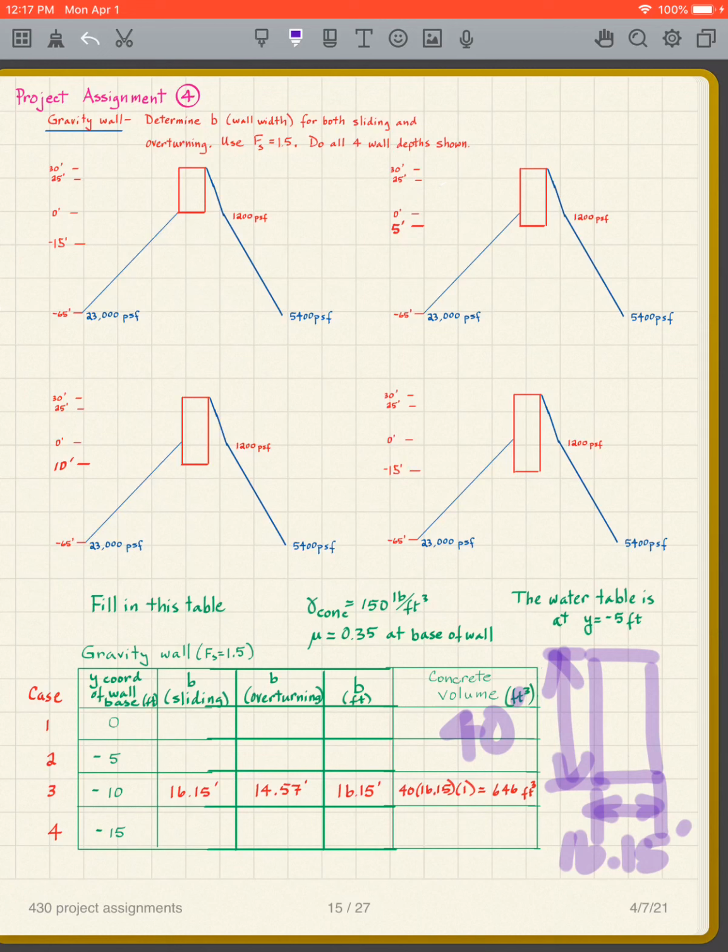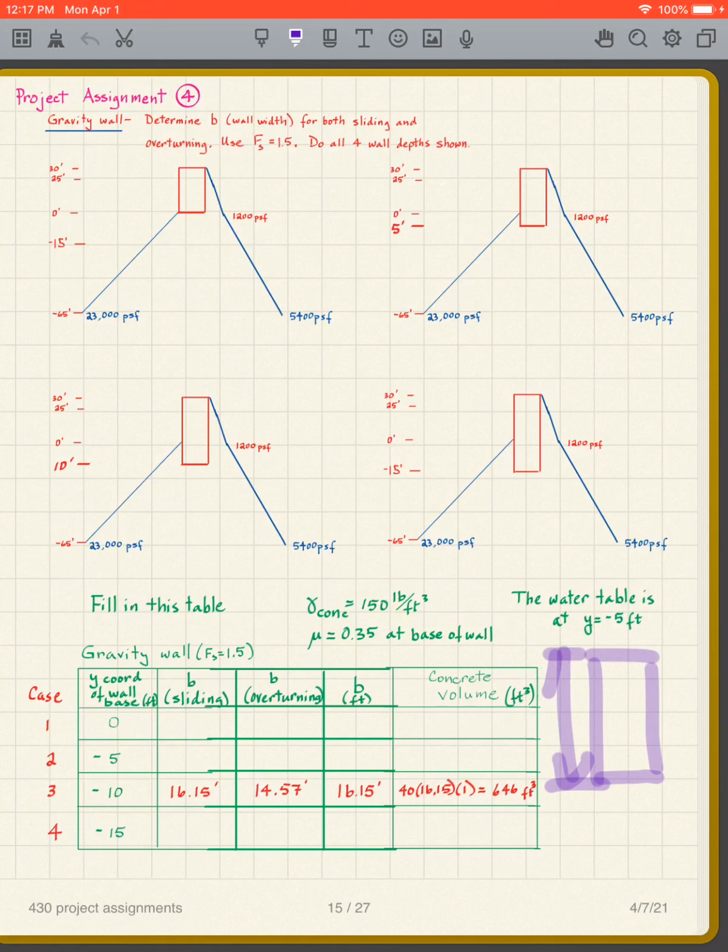So the concrete volume, which is what we want to compute, we're looking for the lowest concrete volume. Very simple way to decide which wall to choose. It's really more complicated than that, but for the sake of this project, I just want you to use the one that has the lowest concrete volume. And so I get 40 times 16.15 times 1. We have 646 cubic feet of concrete for this one.